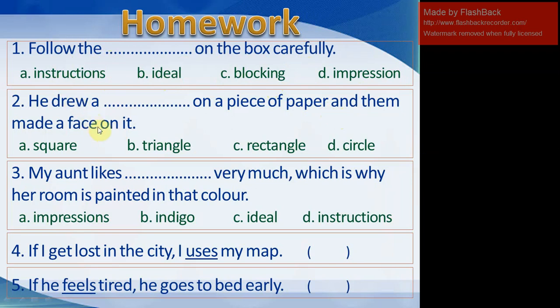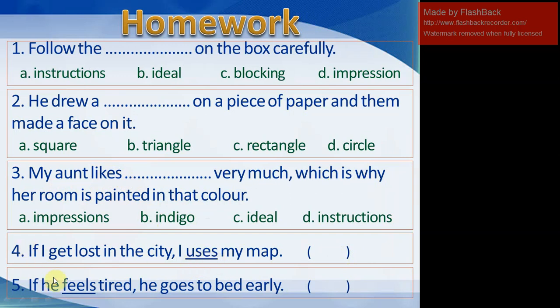If you want to draw a face, you draw. Very good. Number 3, my aunt likes a color very much, which is why her room is painted in that color. What color? Yes. Number 4, here put true or false. Read the sentence and look at the underlined word and decide if it is true or false.